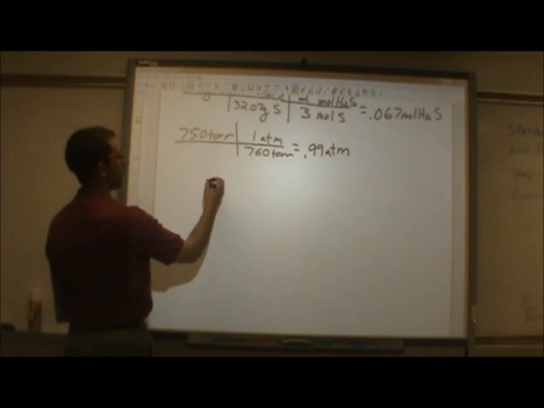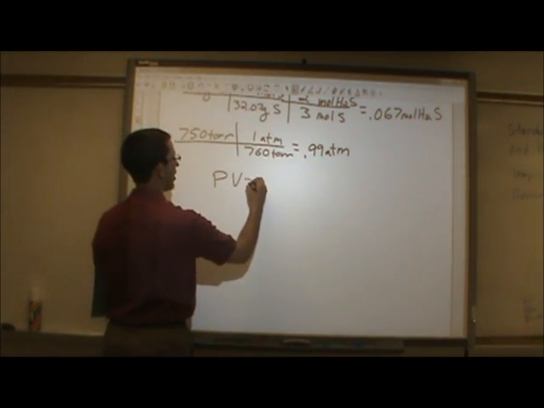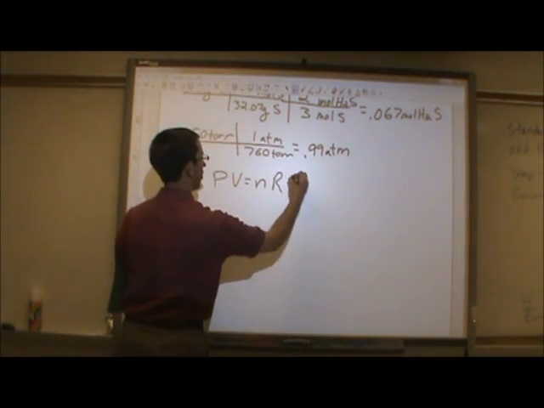I'm going to rewrite our equation down here so you can see it. PV equals nRT.